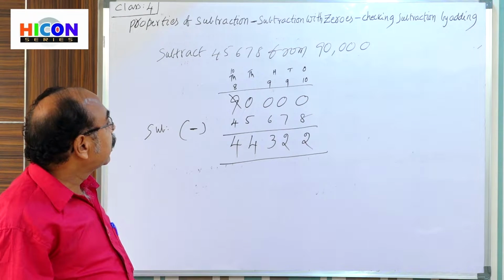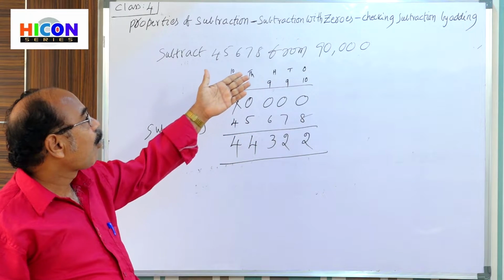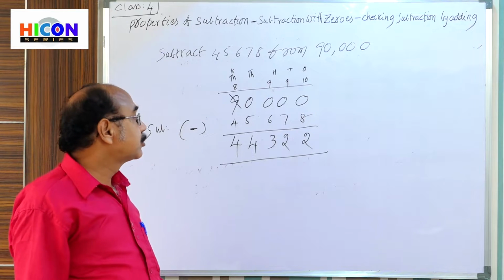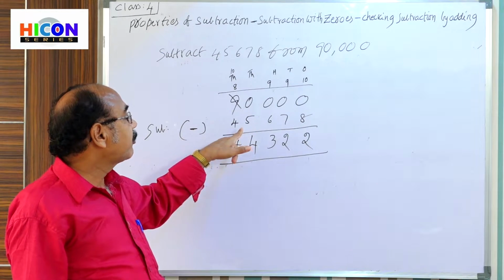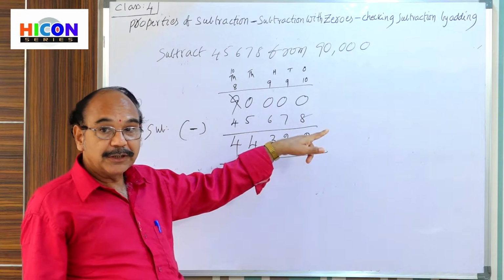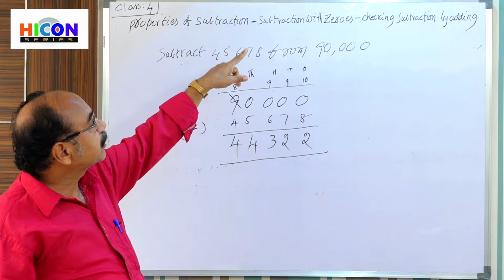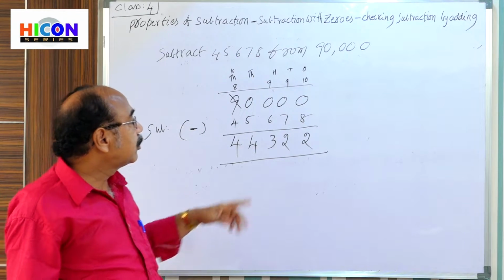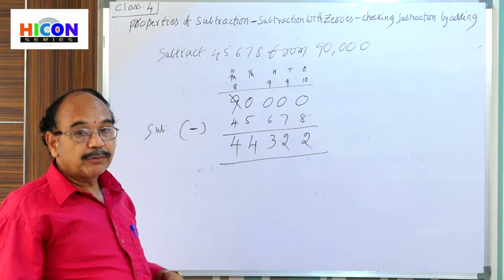Okay, students. Like this, we subtract. Subtraction with zeros. From 90,000, 45,678 is subtracted. Here particularly in subtraction with zeros you have to observe: zeros can't give borrow.